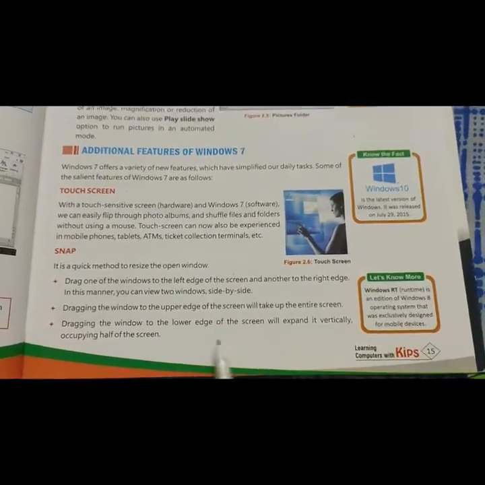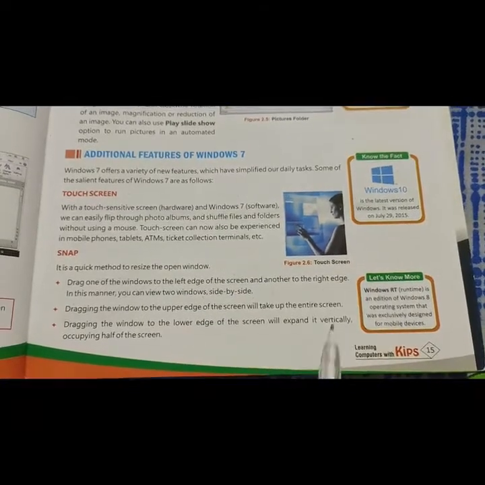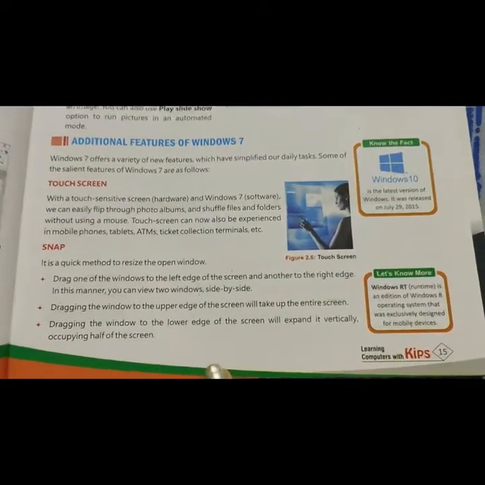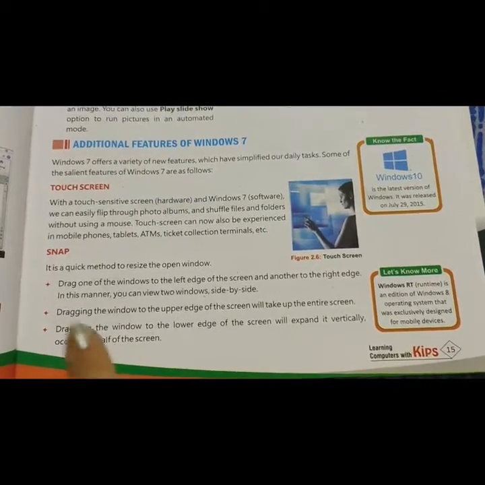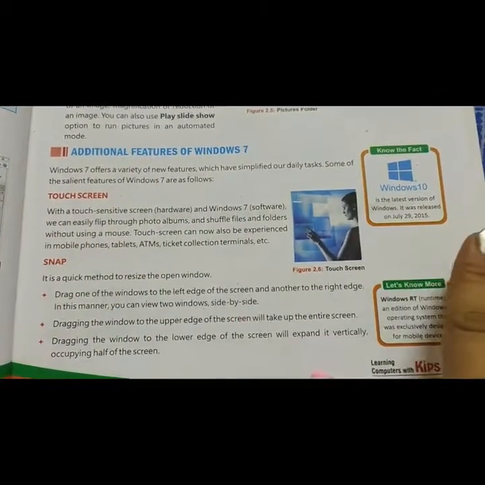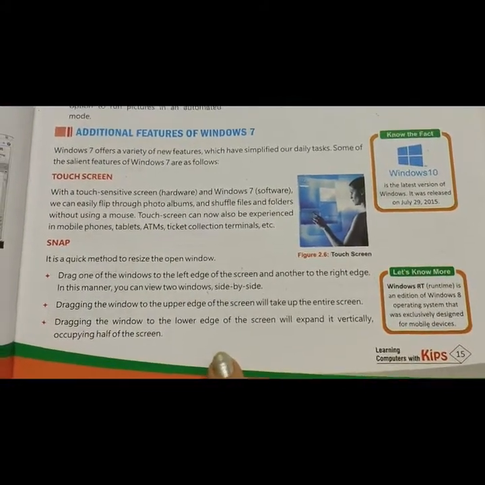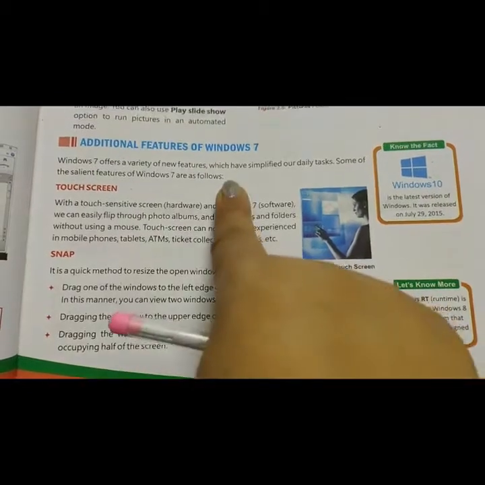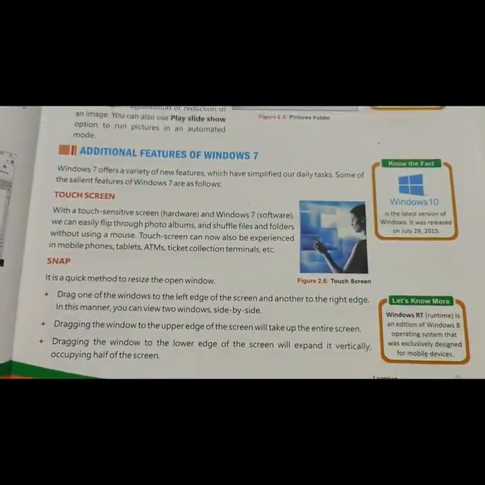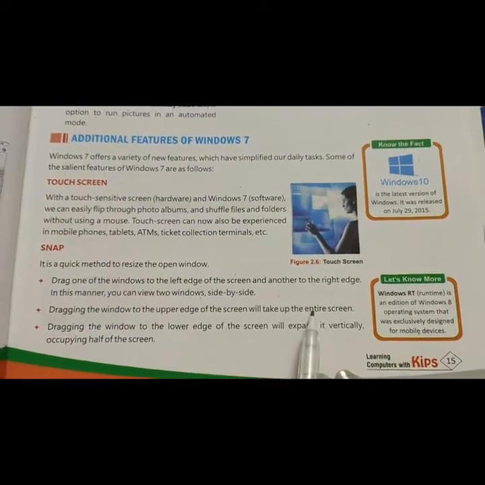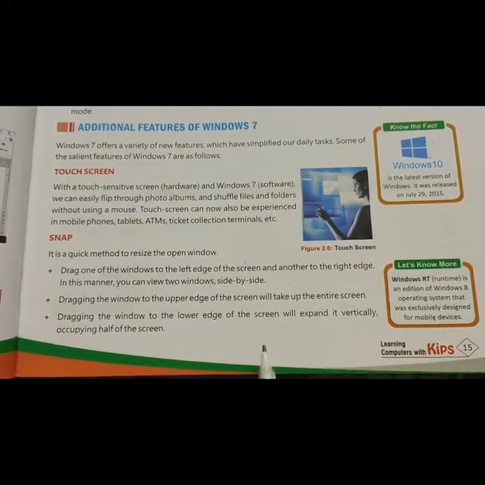Dragging the window to the upper edge of the screen will make it take up the entire screen. If you have seen this in your mobile phones also, there is a similar option.